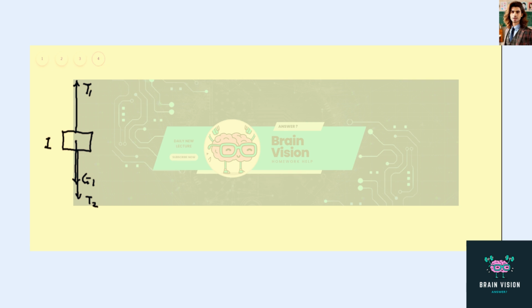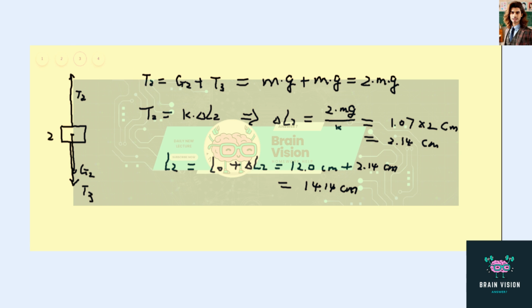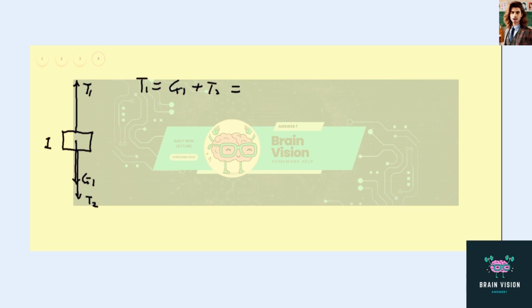So you can do the same thing for spring number 1. We just need to do a similar process to solve for T1. So we know the drill. T1 should balance G1 plus T2, and if you see there's a pattern here, T2 is 2 times mg, G1 again is mg, and so that is mg plus 2 times mg, and that is 3 times mg.